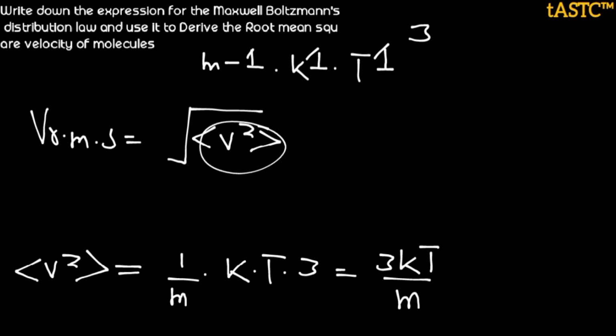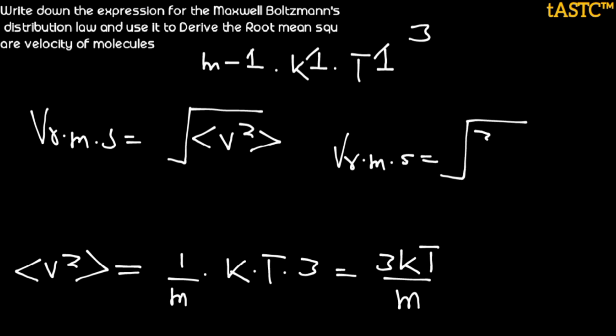We have gotten this now. This is equal to this. So therefore, we're going to have VRMS equal to the square root of 3kt divided by m. So that is what you're going to have. So basically, that is the root mean square speed, or the root mean square velocity.